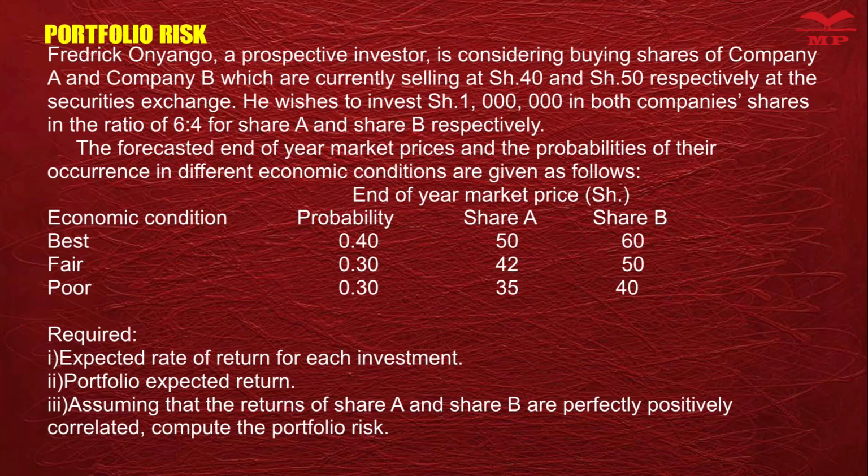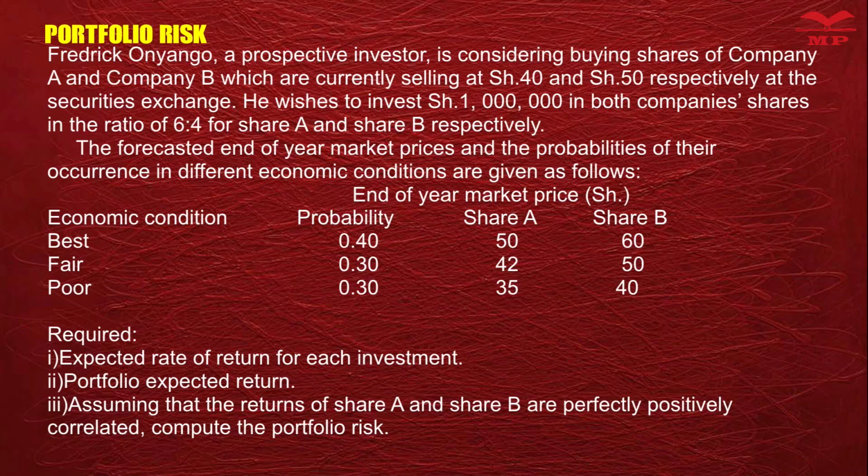You are too quick to multiply 0.4 times 50 plus 0.3 times 42 plus 0.3 times 35, then you got 43.1%. Forgetting that the 50, the 42, and the 35, those are the end of year market prices in shillings.